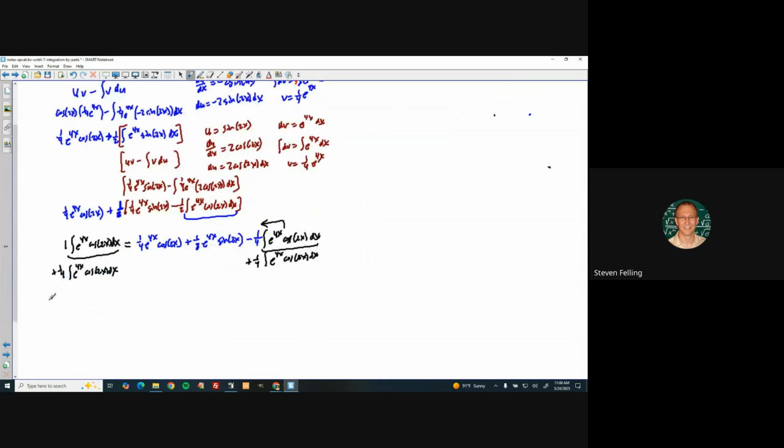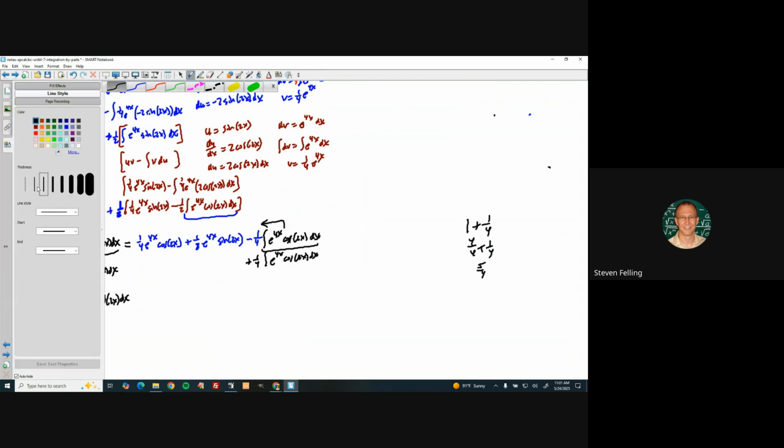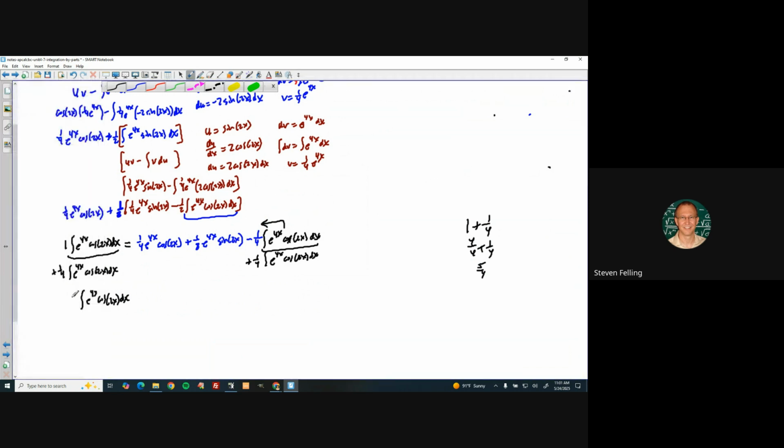That will leave a total of 1 plus a 1/4 of these integrals of e to the 4x cosine 2x dx, which, what is 1 plus a 1/4? Well, 1 plus a 1/4 is 4/4 plus a 1/4, which is 5/4. So this is 5/4 now.